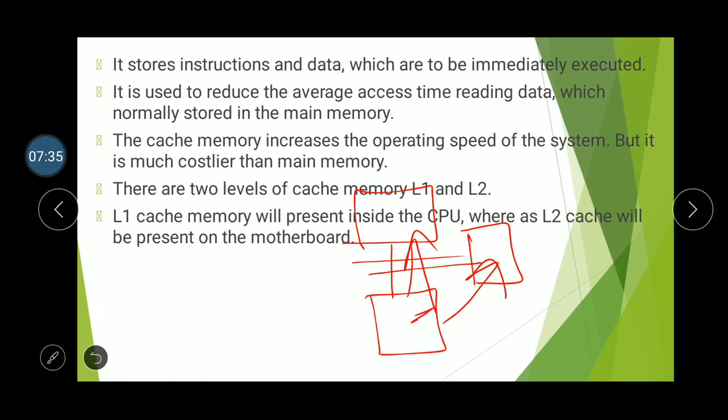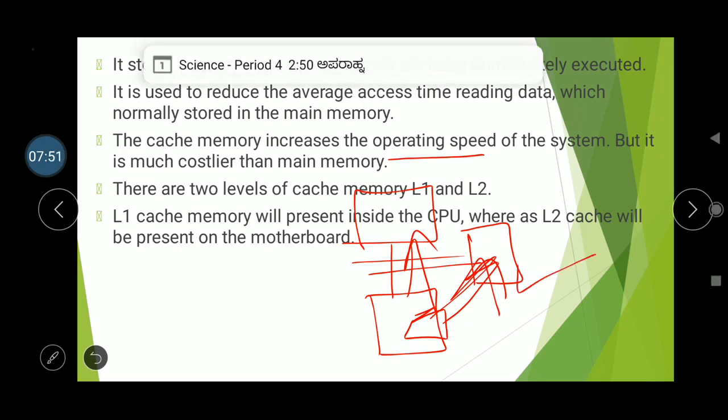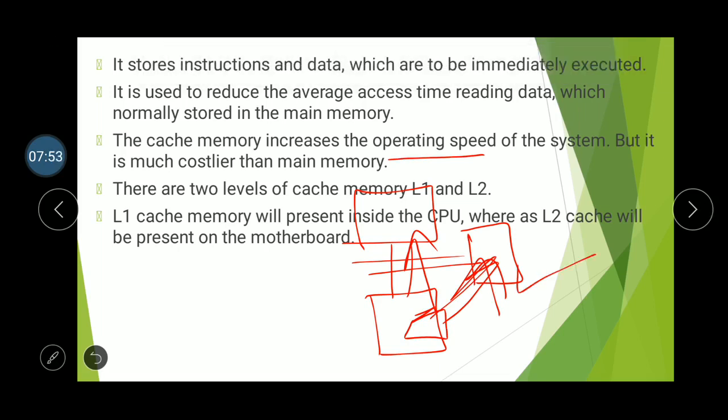If the data and information needed by the CPU is found in the cache memory, then the operating speed of the system will increase, because the needed data and information is found in the cache memory only. No need for the CPU to go to the main memory. Correct? For that, the operating speed is increased. That is the use of cache memory.